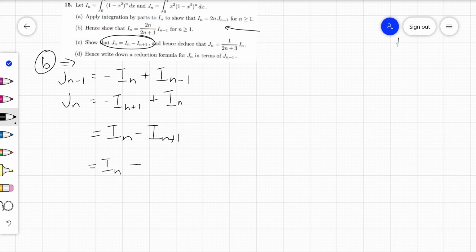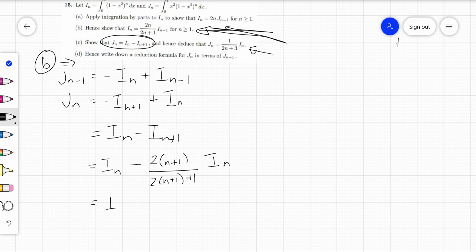You can see it's going to be 2n plus 1 on 2n plus 1 plus 1 In's there. So that'll be 2n plus 1 on 2n plus 2, and then we've got In. Oops, sorry, my error. That's using B again, but we just want to go back to In terms, because it's asking us to put it in terms of In.